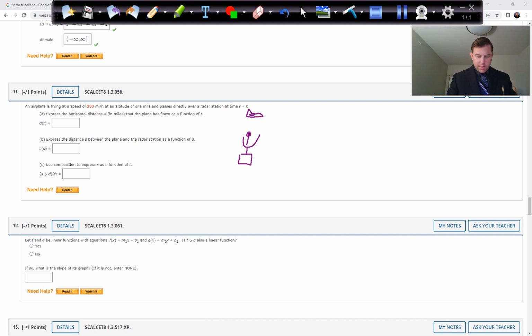So this distance here is 1 mile. And then this thing is traveling at 200 miles per hour. Okay, so the horizontal distance it travels is just 200 miles times however many hours you have. So it's just going to be 200 times t.